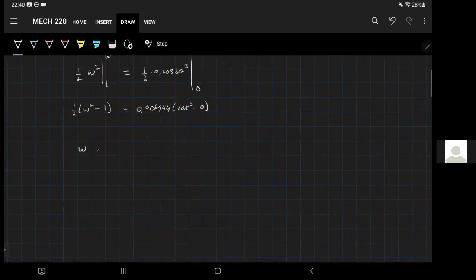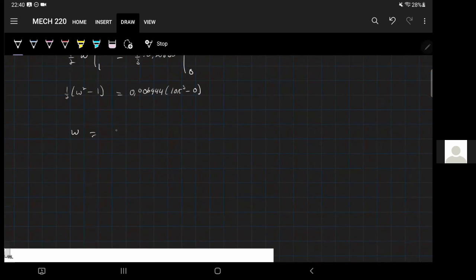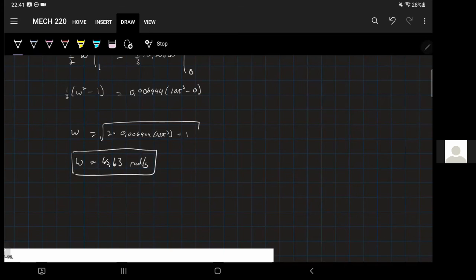So new omega is just basically going to be 0.6944 and pi to the 3 times 2, plus 1 square rooted, which is going to be 65.63 radians per second. And this is our final solution.